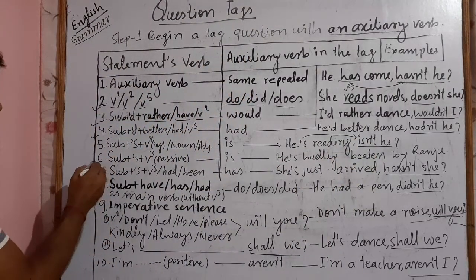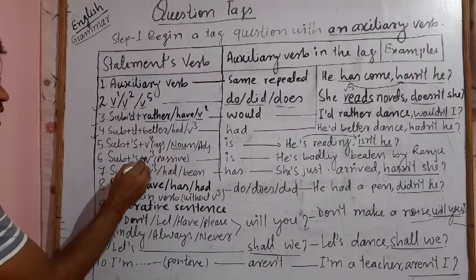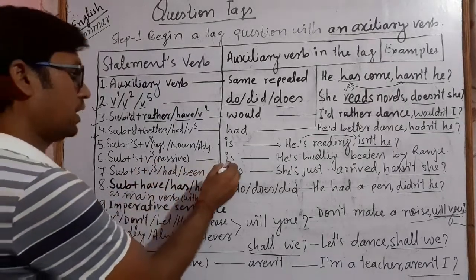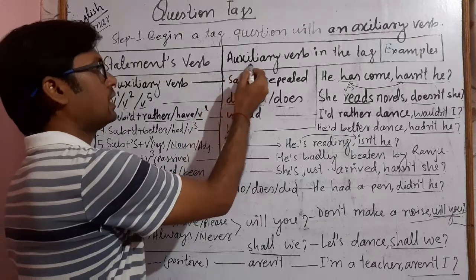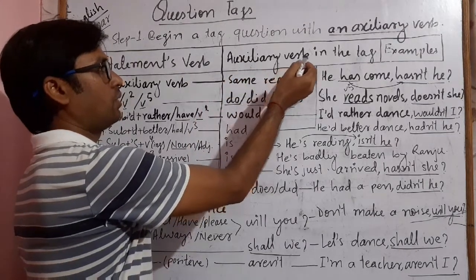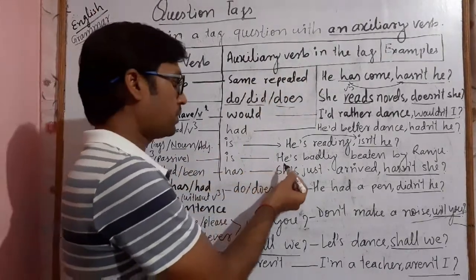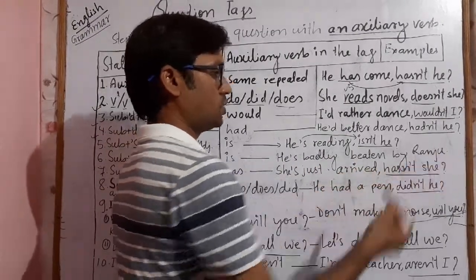Number 6: subject plus apostrophe s plus verb 3 when it is in the passive form. You have to use is as the auxiliary verb in the question tag. Example: he is badly beaten by Ranju.